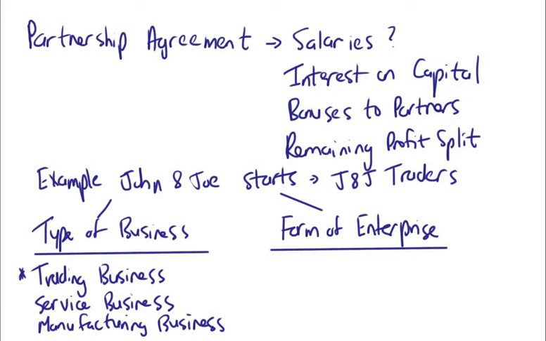You're all familiar with the sole trader. That's the type of business that you've done since you started accounting in grade 8. So that's one type of business. Right now you're being introduced to partnerships.